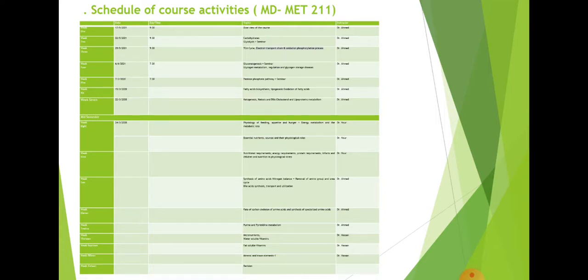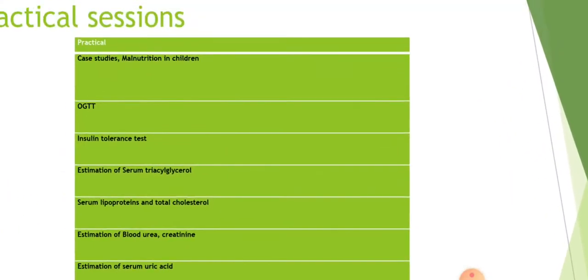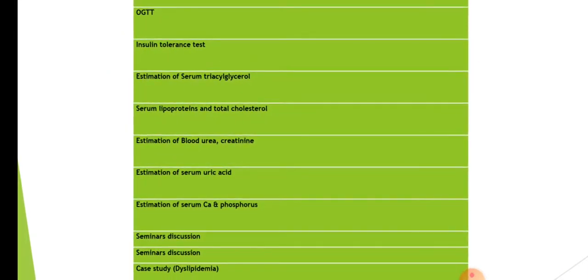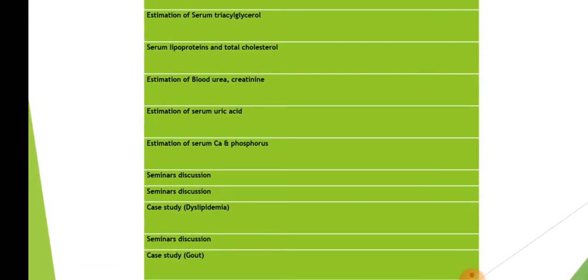Semester week 7 should be the mid-semester. This is the practical session for the lab. Everything is titled: case studies, malnutrition, OGTT (oral glucose tolerance test), insulin tolerance, estimation of serum triglycerides, lipoprotein, estimation of urea, estimation of serum uric acid, and seminar discussions. This is regarding the practical.